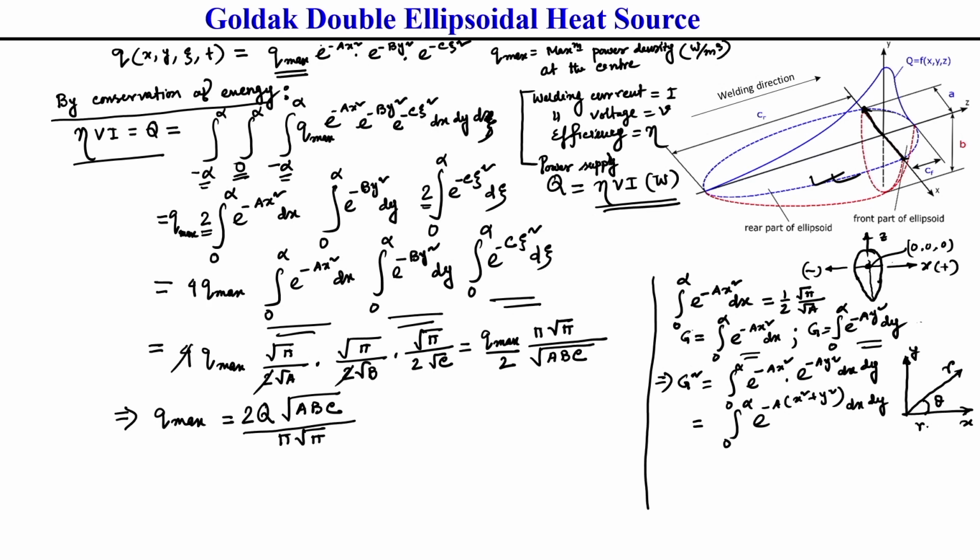You can write this as r cos theta, and these coordinates you can write as r sin theta, correct. So, this r cos theta and r sin theta, this idea you got.